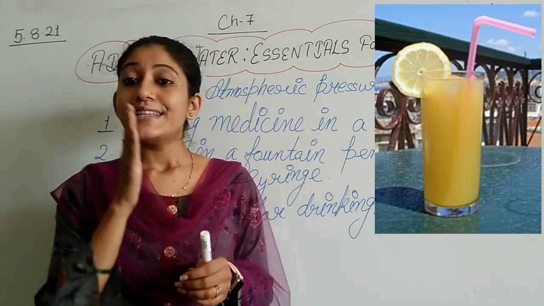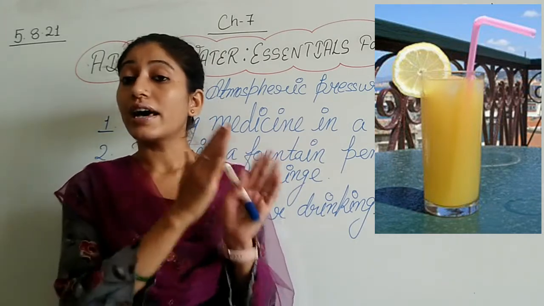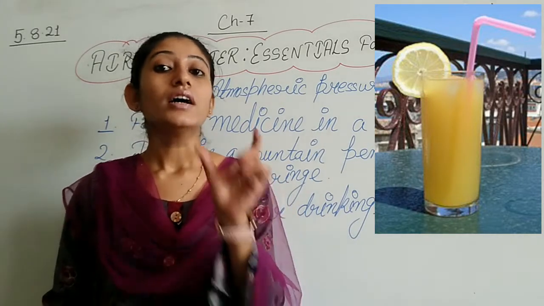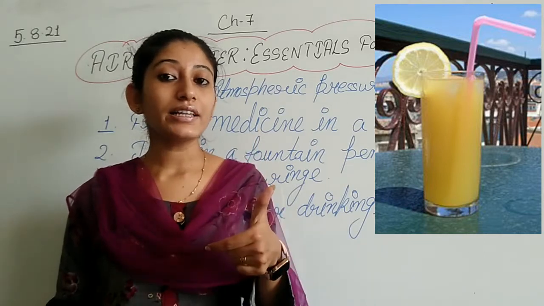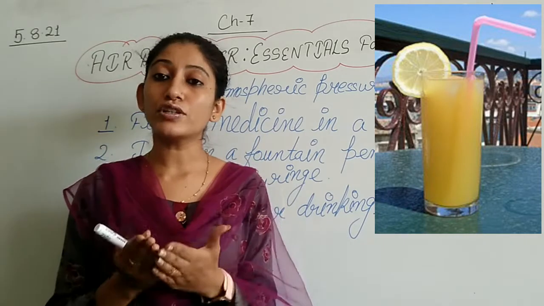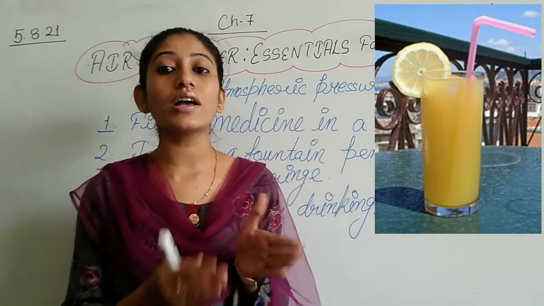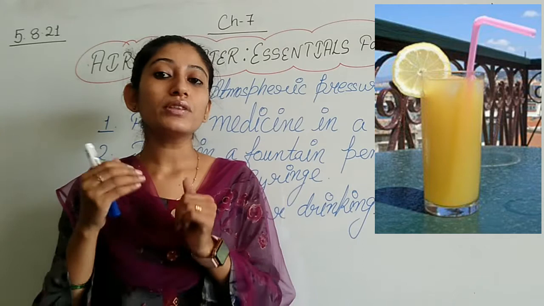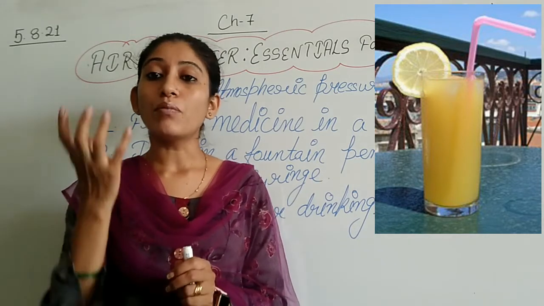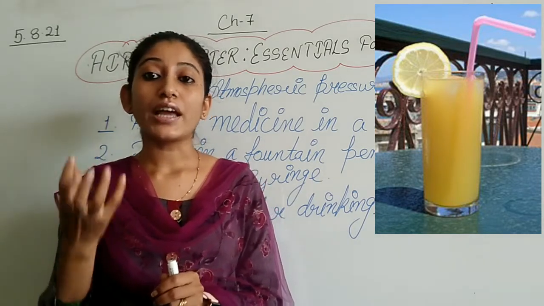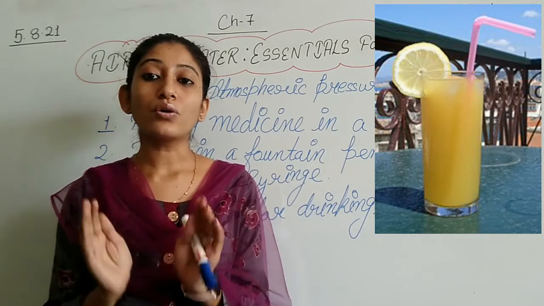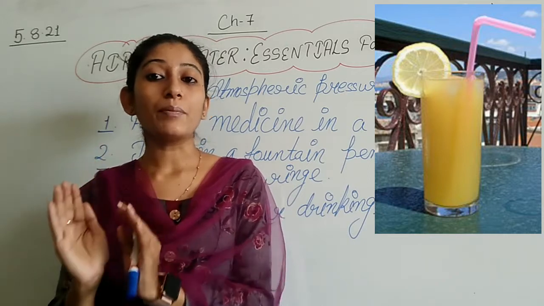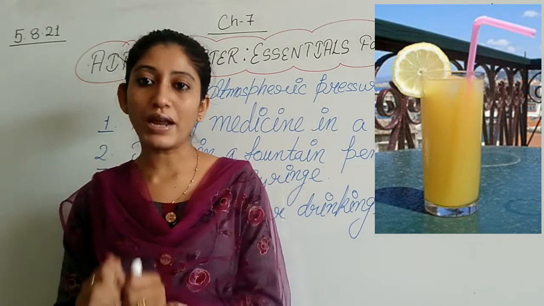Now inside the straw, because earlier the air was there and now you have swallowed that air, the atmospheric pressure inside the straw is less, and the atmospheric pressure outside the straw, inside the glass of cold drink, is more. So due to this, the cold drink is pushed inside the straw with the help of the difference in atmospheric pressure.